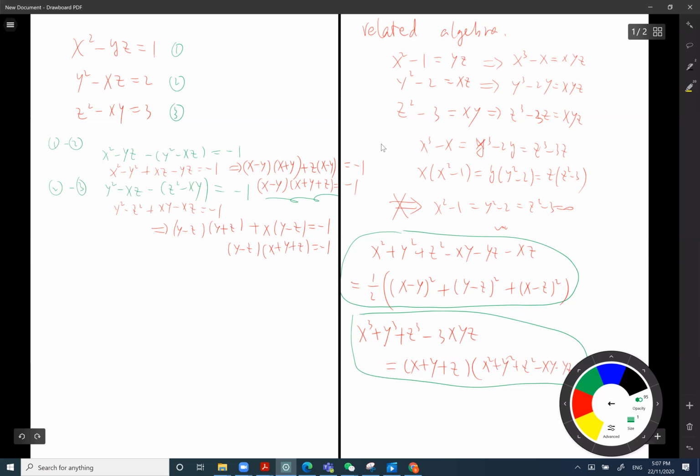If you compare these two, x minus y equals y minus z. Okay. So we got some linear equation. So 2y is just the same as x plus z. What's the next step, Emma?